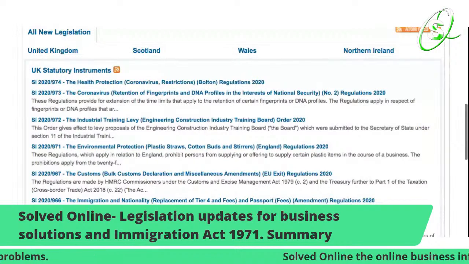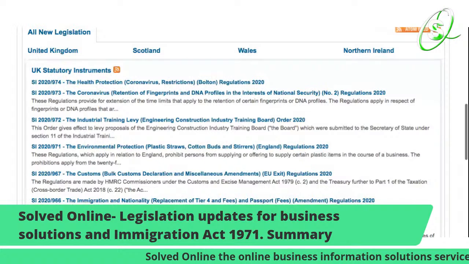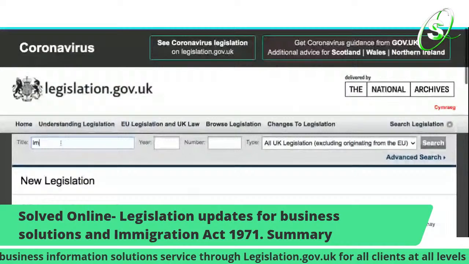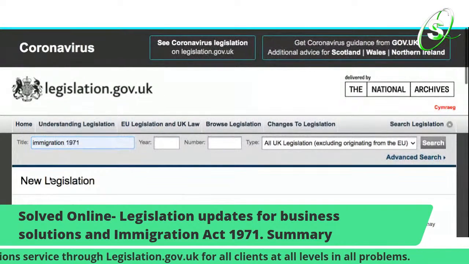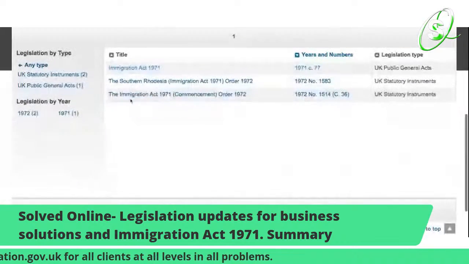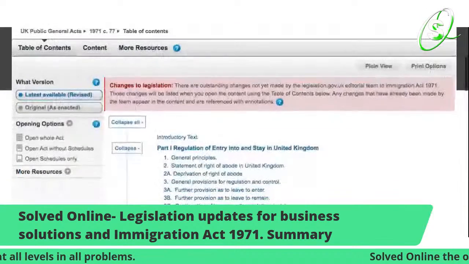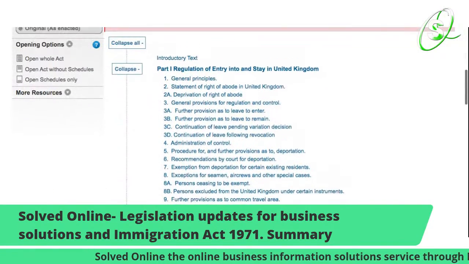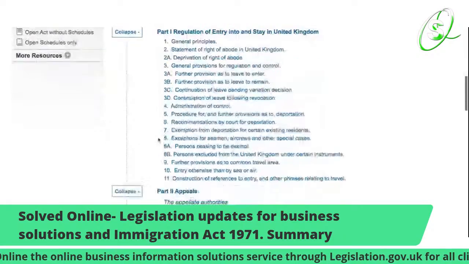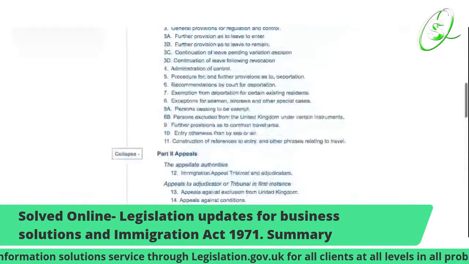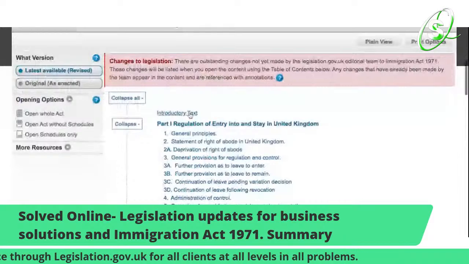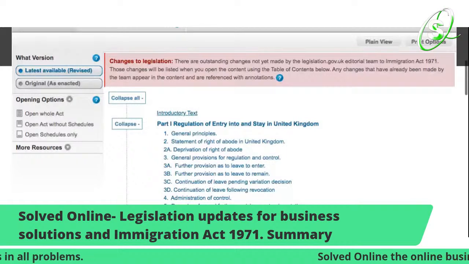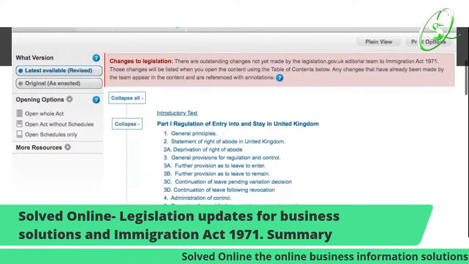So we're going to go into the main act of the day, which is again the Immigration Act 1971. We're going to click there, and go through the introductory text right here, because it's long. But really and truly the summary is about the Windrush generation, and all of the acts that precede this one, leading up to this act.